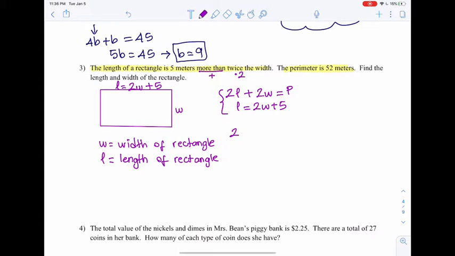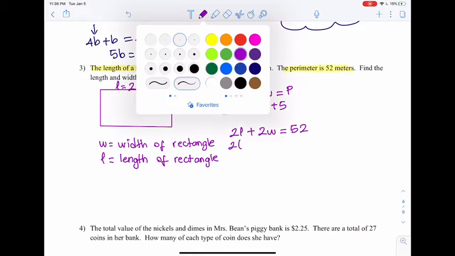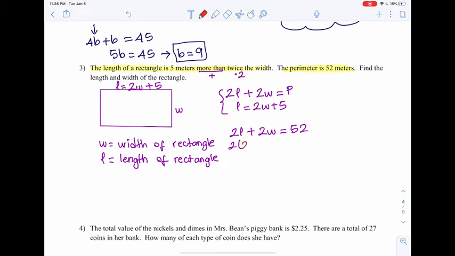Let's substitute in the first equation, 2L plus 2W is 52. Instead of writing L, we are going to write 2W plus 5, and let's rewrite the rest.